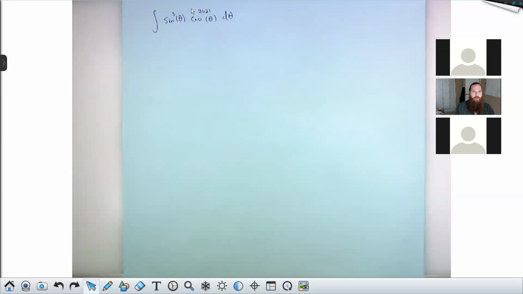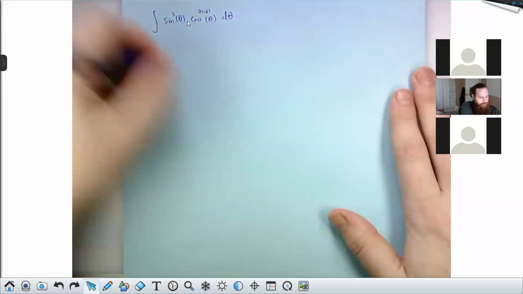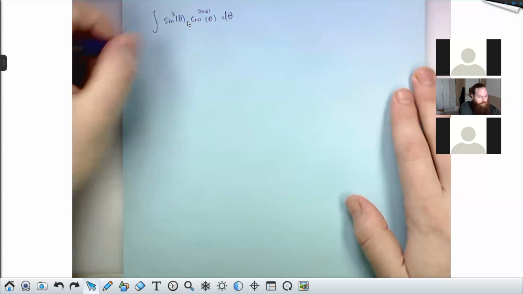So here I could set aside a copy of cosine and try to substitute for sine, or I could set aside a copy of sine and try to substitute for cosine. Let me show you how it looks if I set aside a copy of sine. So we're going to do this two ways.